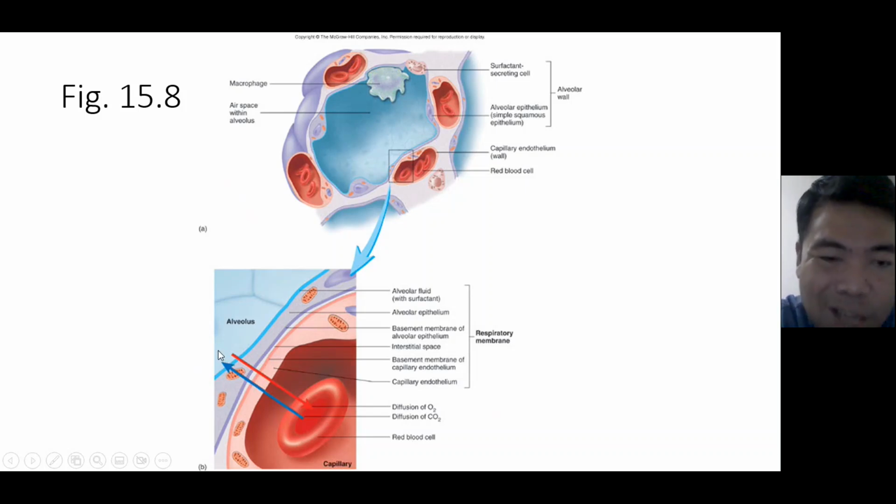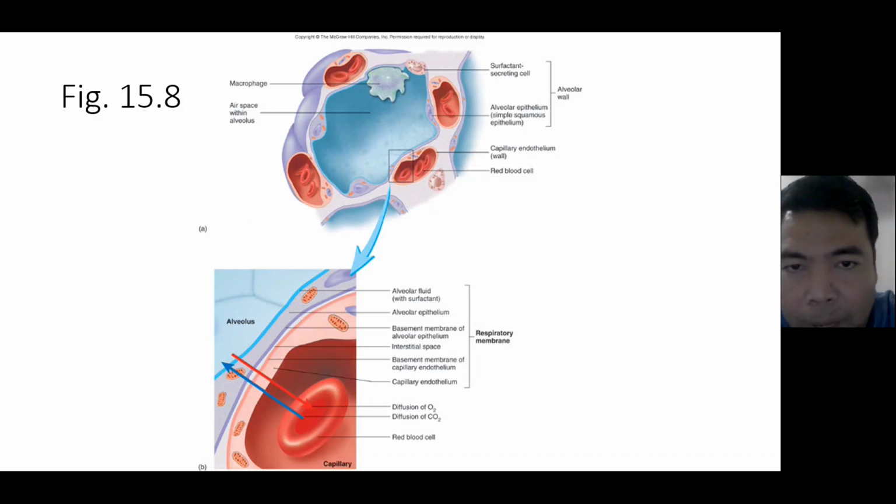Nagpalit sila. Saan nangyari yung diffusion? Again, across the respiratory membrane of the lungs. So take note of these two arrows because, again, it represents the direction of oxygen diffusion, yung kulay red, and yung kulay blue represents the direction of carbon dioxide diffusion.